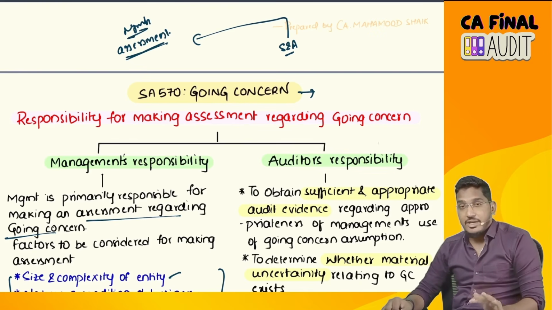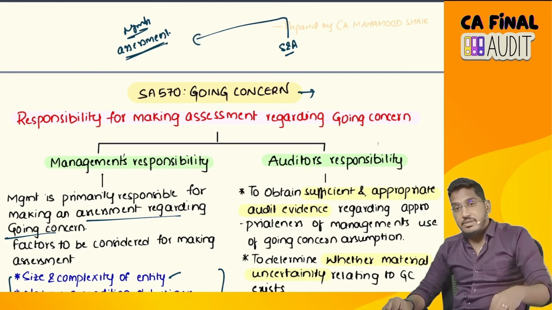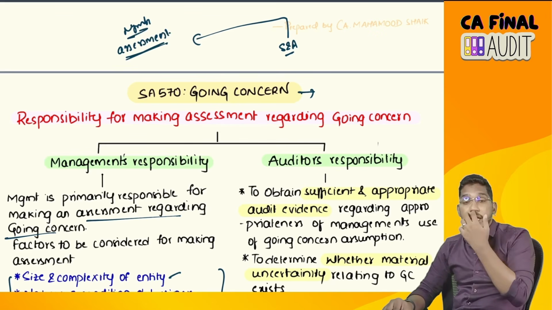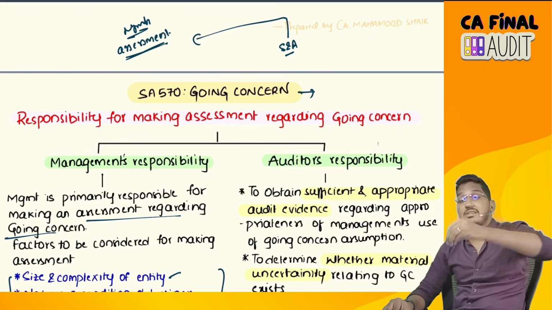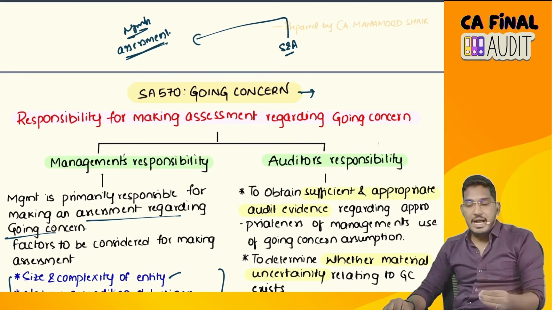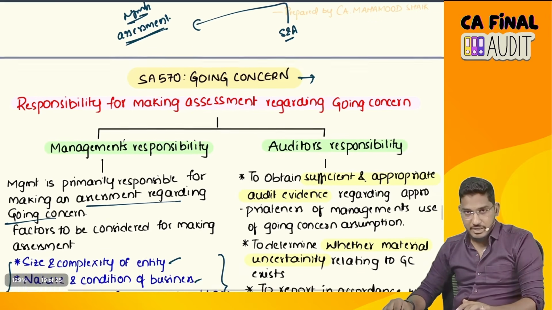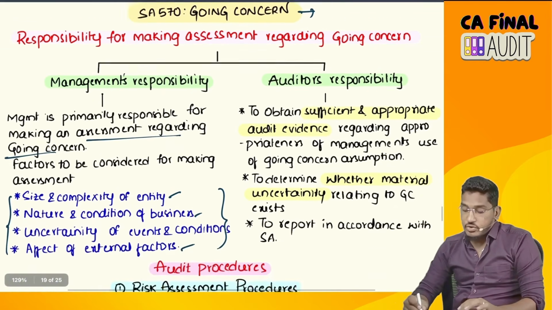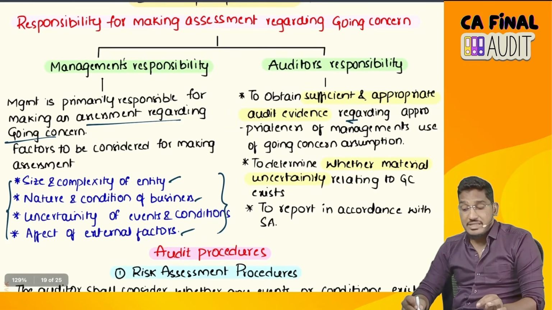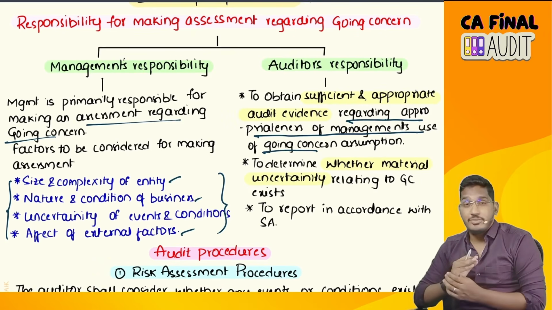Whatever assessment management has made regarding going concern, whether that assessment is appropriate or not, regarding that I need to obtain sufficient and appropriate audit evidence regarding the appropriateness of management's use of the going concern assumption.